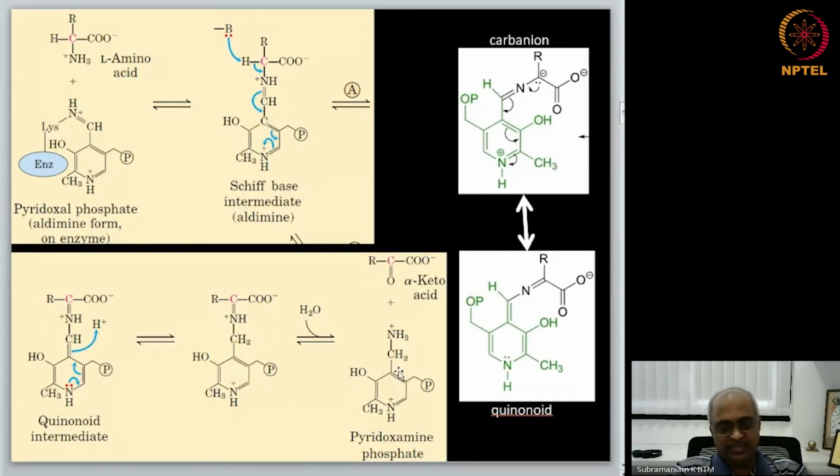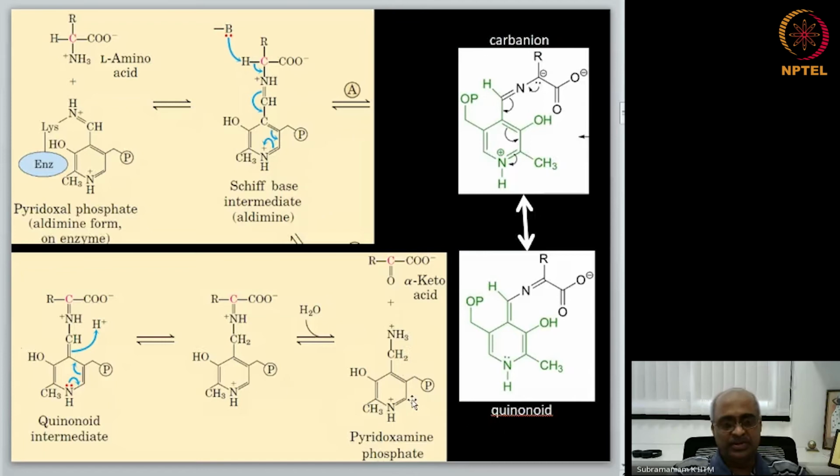Now the group taken is on the enzyme, here on the enzyme's cofactor, then the second substrate binds, and this group is transferred to that substrate, and then that leaves. So S1, P1 goes, then S2, P2, then P2 goes. This kind of sequential two-substrate binding and two-product leaving is what we call the double displacement or ping pong mechanism. So this transamination is a perfect example of a ping pong mechanism.